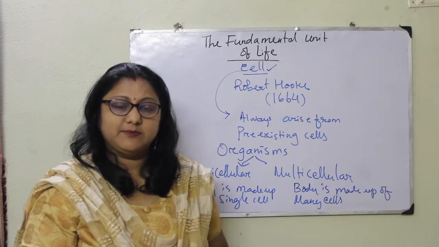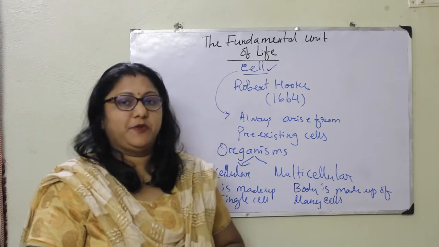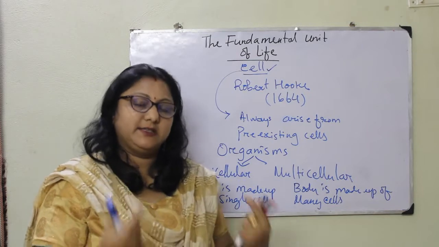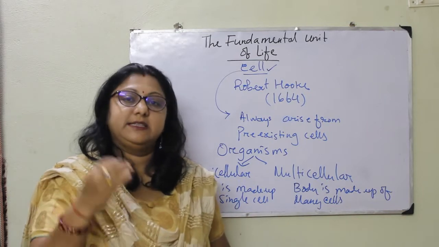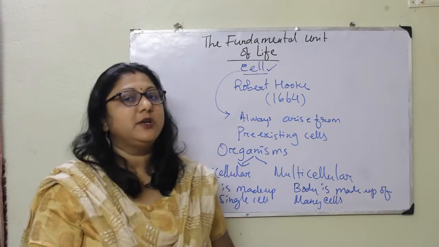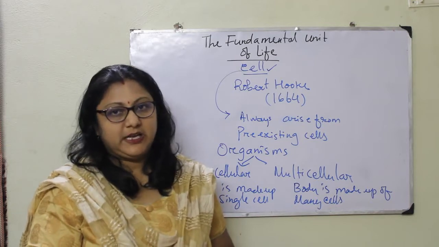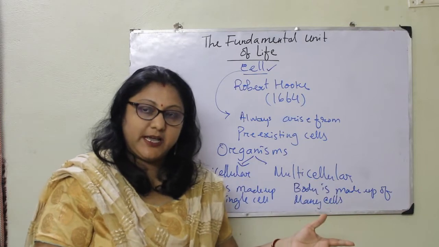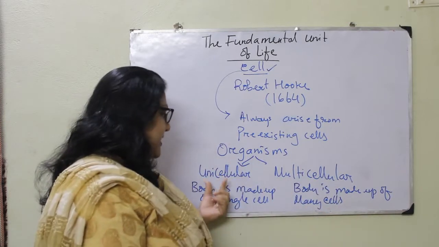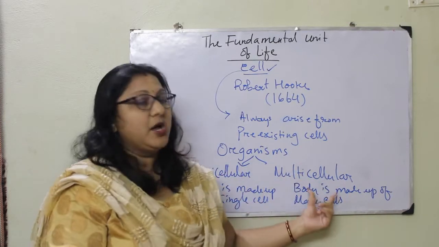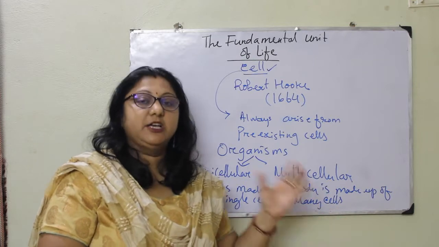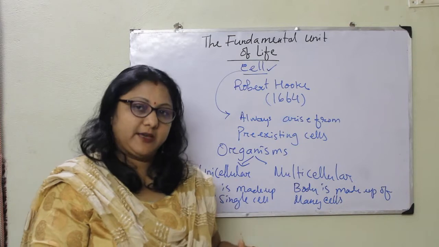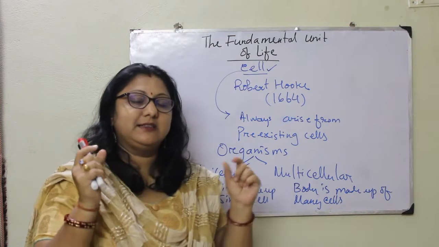But whatever the condition of the organism, whether it is a single celled organism or a multicellular organism, in all types of organisms, the particular cell, the structure we are discussing in this chapter, the cell has to perform some functions. Clear? So the cell is carrying out the life process, and because of that, whether it is a unicellular organism or a multicellular organism, they all are surviving because of the processes which are taking place inside every single cell.